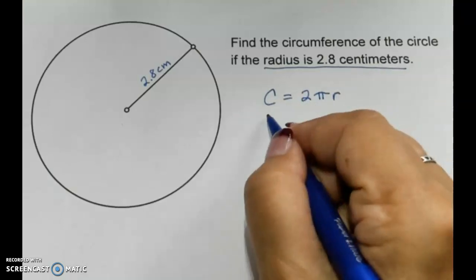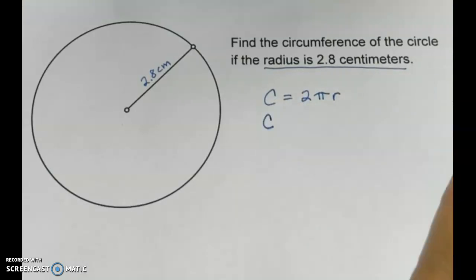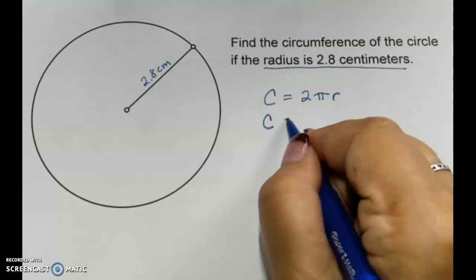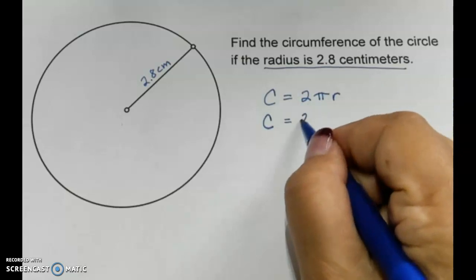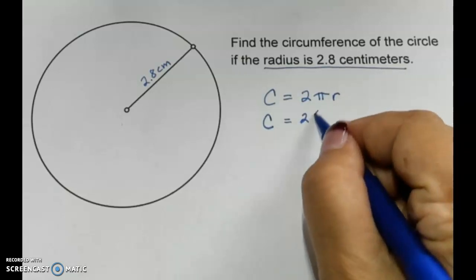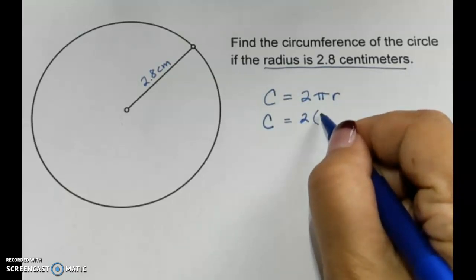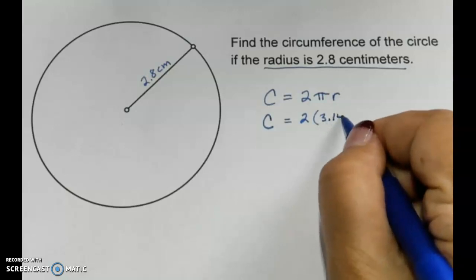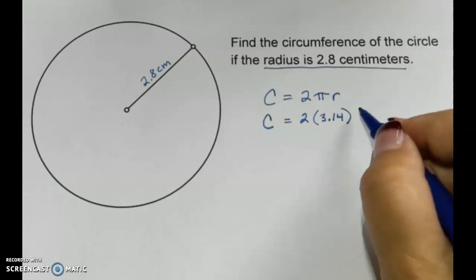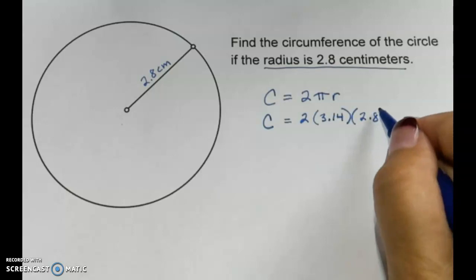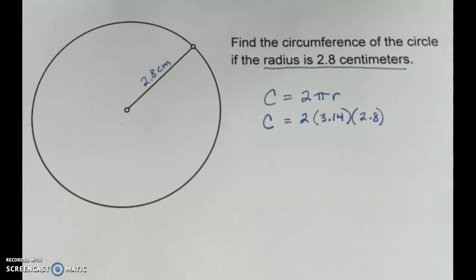We don't know the circumference, so we're going to leave that variable alone and call it C for circumference. 2 is the value 2. And we just stated that we're going to be using the abbreviated version of pi as 3.14. Our radius, as stated in the problem, is 2.8. So in this step, all we did is fill in the values that we know.